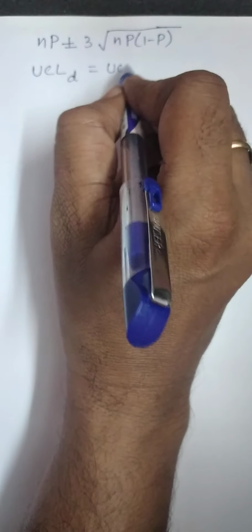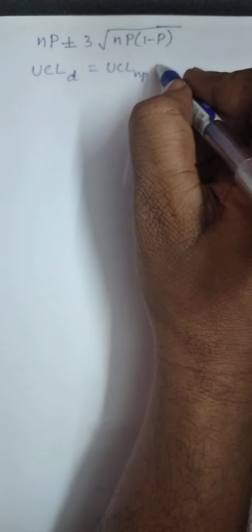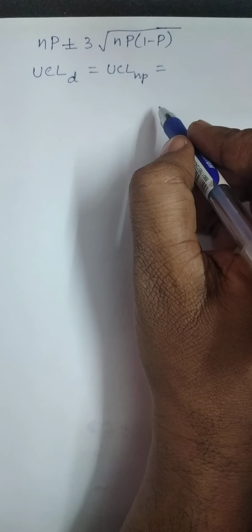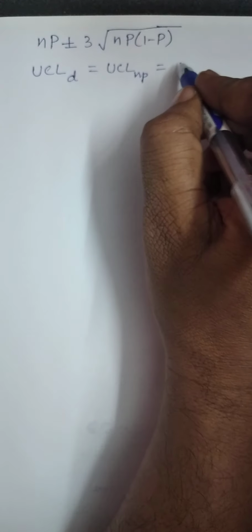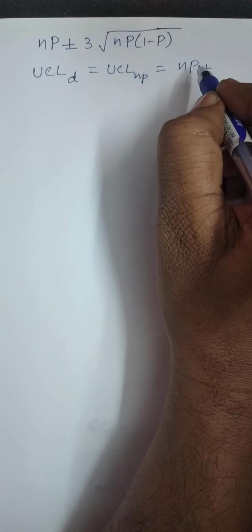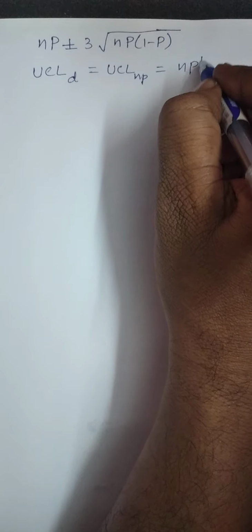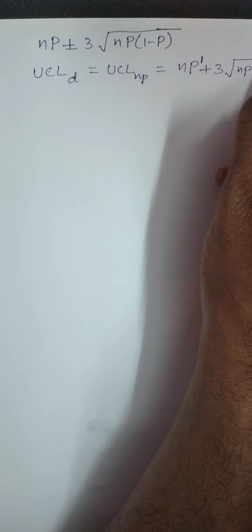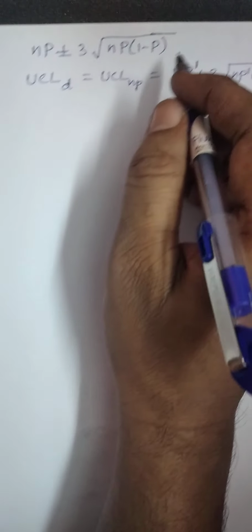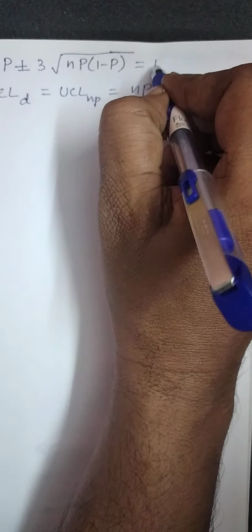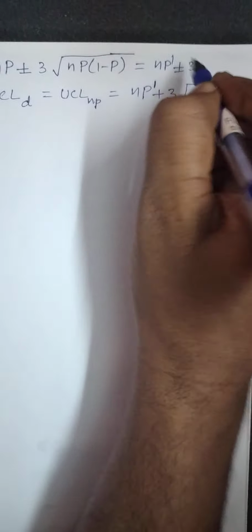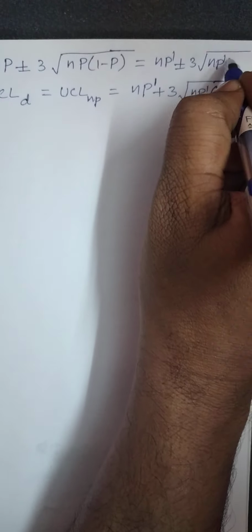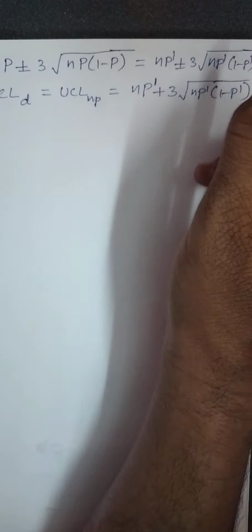UCL of D or NP, you can write UCL of NP, which can be calculated by NP dash plus 3 into square root of NP dash into 1 minus P dash, since it is a specified value.